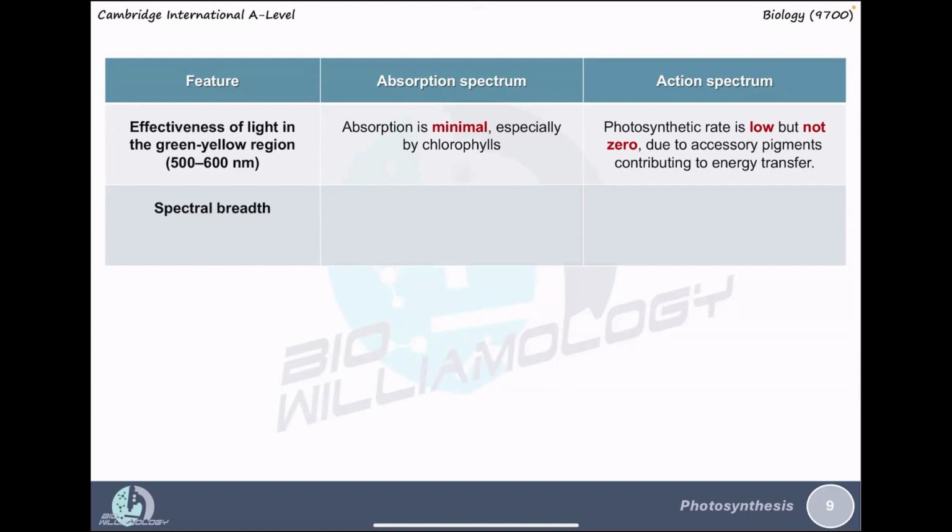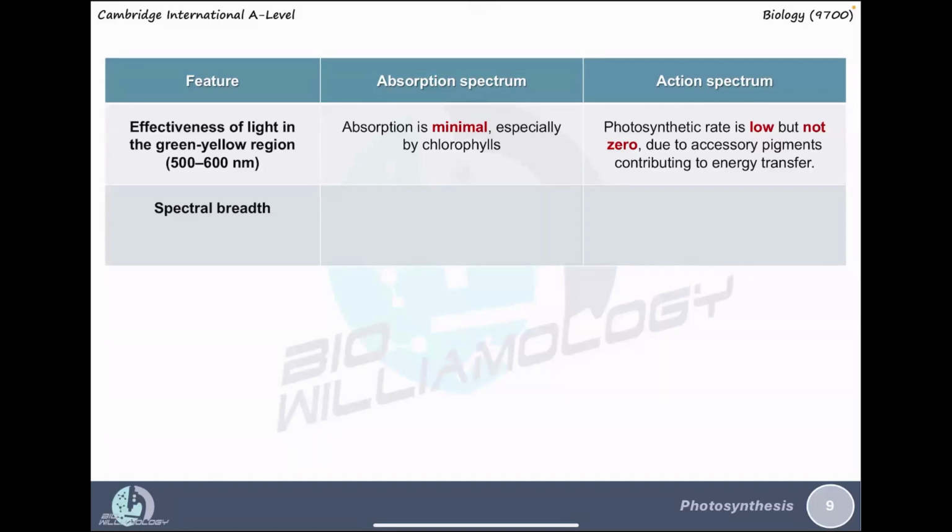Remember, in this experiment we focus on carotenoids, chlorophyll A and chlorophyll B. But there are some other pigments with very low concentration in the plant leaf, which act as accessory pigments to absorb light at 500 to 600 nanometer wavelength, and they transfer this energy to the reaction center. So this explains why the absorption spectrum shows very minimal, near zero absorption of light energy, but the action spectrum shows that the rate of photosynthesis is low, but not near to zero.